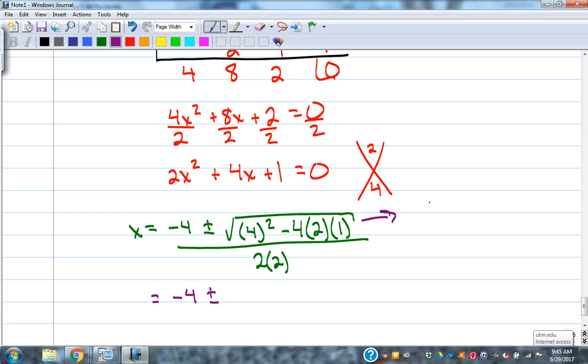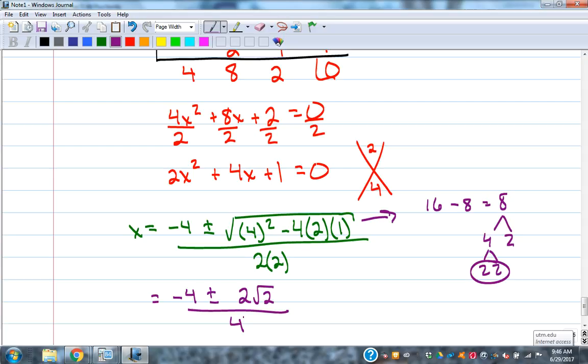So this is going to be 16 minus 8, which is 8. 8 breaks down to 2 radical 2. And then it's a 4 on the bottom. So I just did the part underneath the square root over on the side. I'm writing fewer lines here.